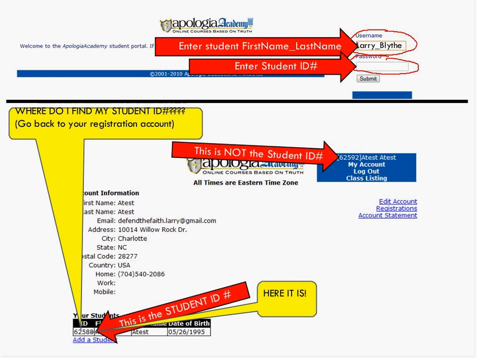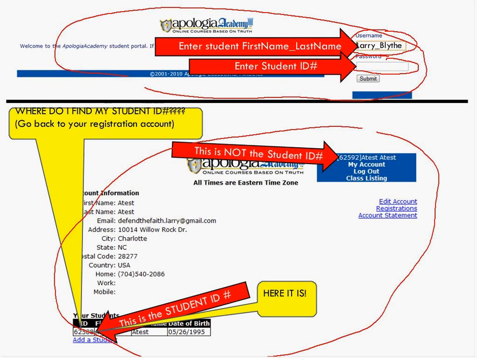Now, in your registration account, these are different screens here. This is your Student Portal up here. This is your registration account. This person is already registered. This person's name is A Test. This right here is not the student ID.